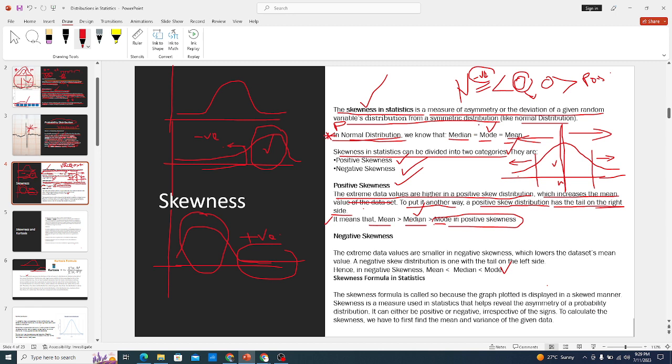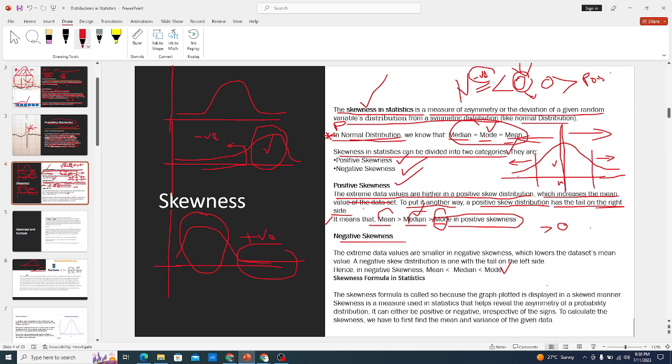So definitely you will go for this one. Why? Because for normal distribution, the skewness is zero, and median is equal to mode is equal to mean. But for positive skewness, mean is greater than median and it's greater than mode. And the skewness value will be greater than 0.